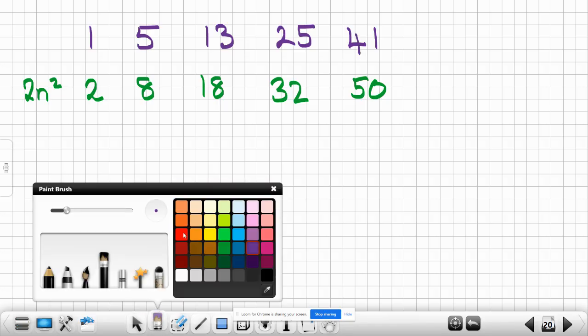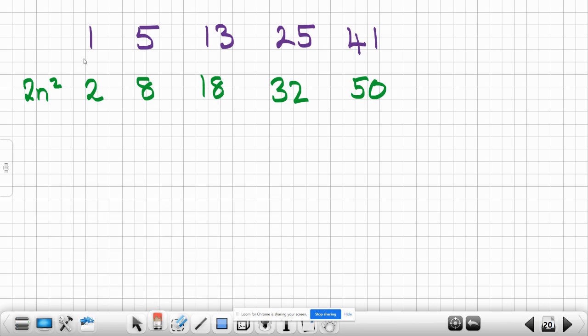So we have got a difference of, instead of 2, we've got 1. So it's 1 less. Instead of 8, we've got 5. So it's 3 less. Instead of 18, we've got 13. So it's 5 less. And we can see a pattern coming here now.